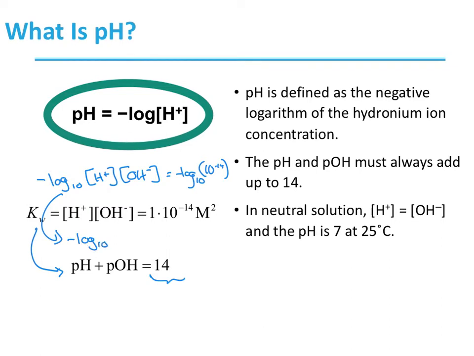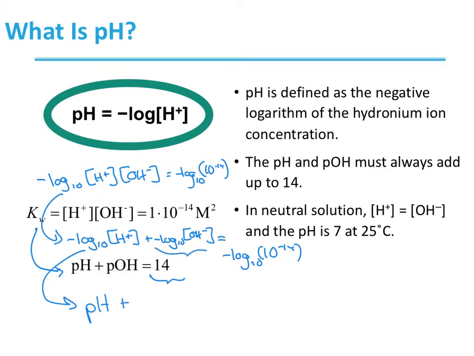So this becomes the negative log base 10 of H plus plus the negative log base 10 of OH minus equals the negative log base 10 of 10 to the minus 14. And the negative log of H plus is just pH. The negative log of OH minus is pOH, and then the negative log of 1 times 10 to the minus 14 is 14.